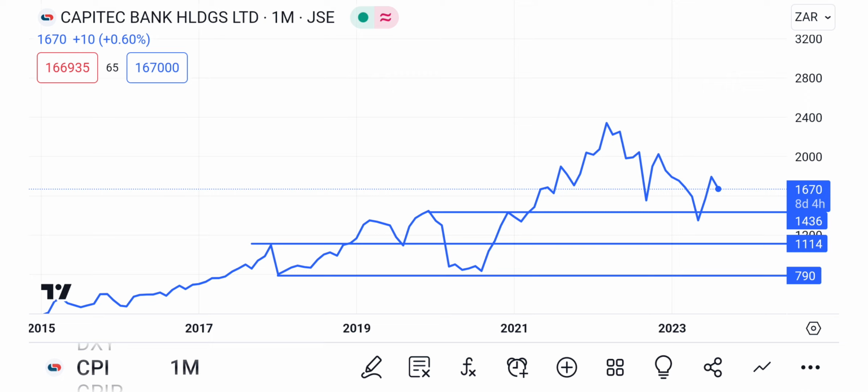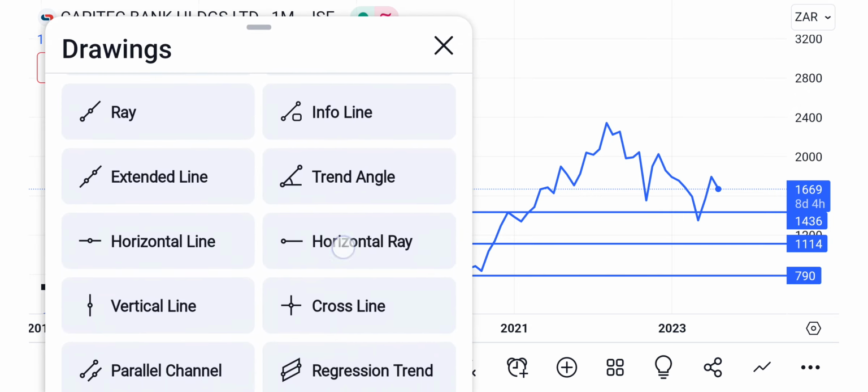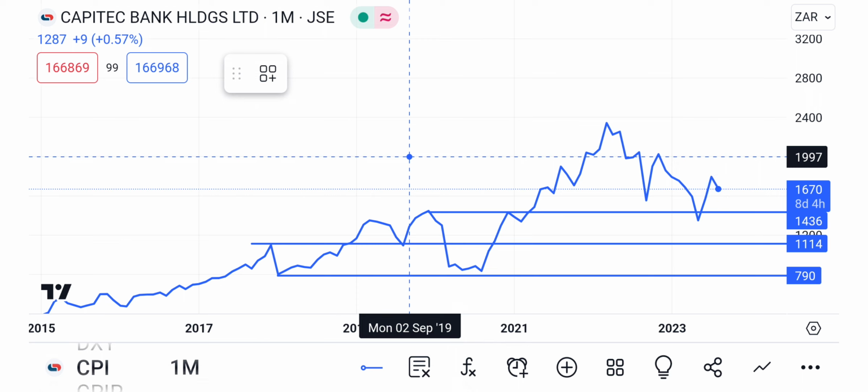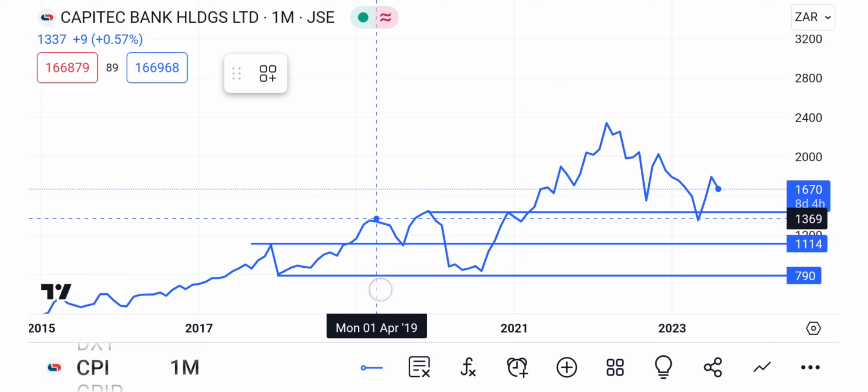So let's continue. The AMA investors that were already investing in Capitec gained trust, then decided not to sell their shares. Then some people came in and bought shares at this point. At what price? Oh, I didn't mark this one.